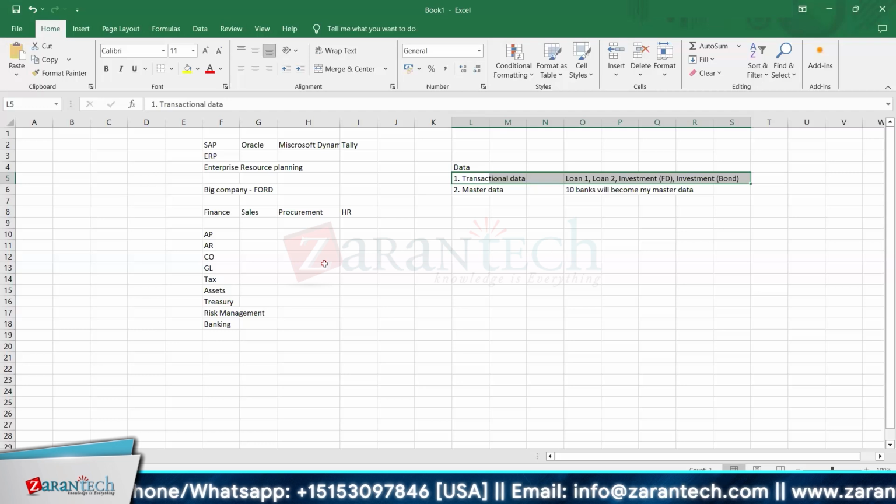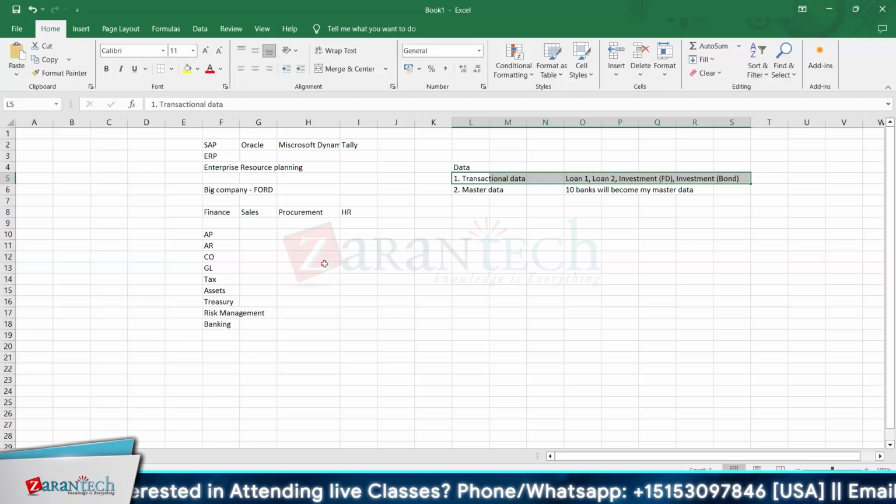So depending on the way you treat that particular item, it varies. It doesn't necessarily have to do with SAP as such. It is more about how you treat your accounting and the business, right? For example, if you have a bank, a bank cannot be a transaction, right? So what is a transaction? Whenever you do any transaction, let's say you have a friend and you just want to give him 1,000 rupees.